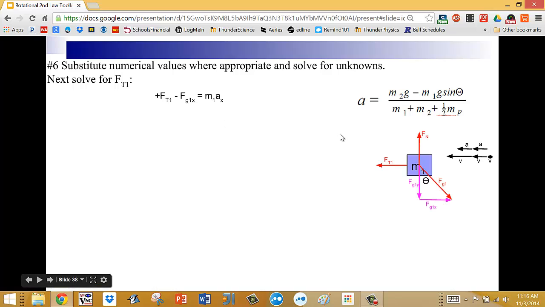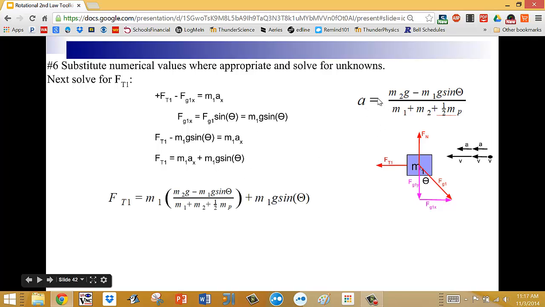So I know that Fg1x is m1g sine theta. If I rewrite this equation to reflect m1g sine theta, I then add the m1g sine theta over to the other side, and I plug this acceleration into that acceleration to get this equation. So this is my equation for the force of tension Ft1.